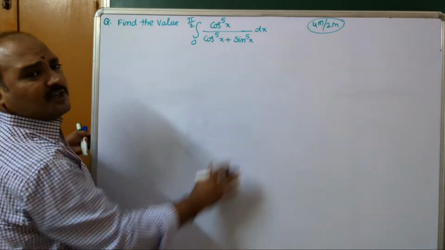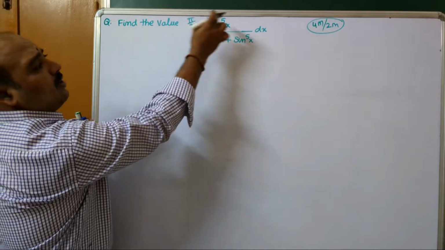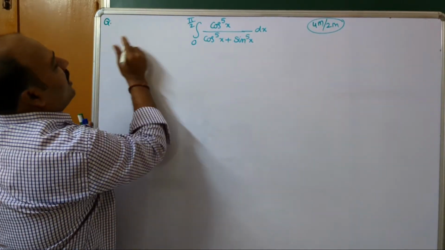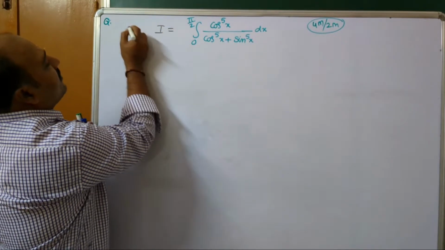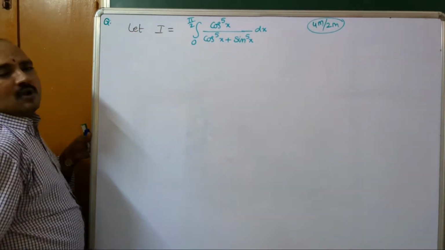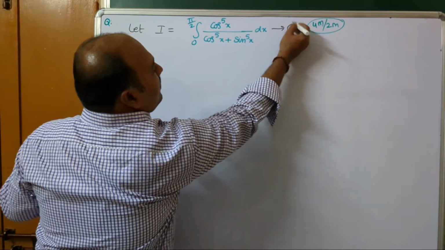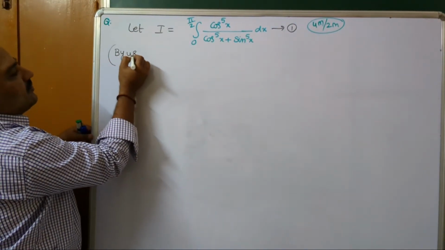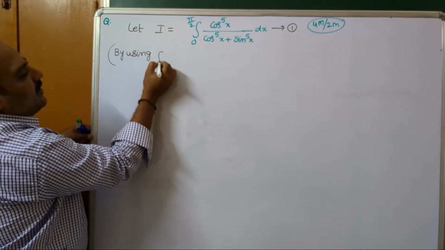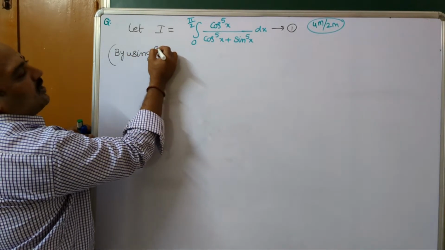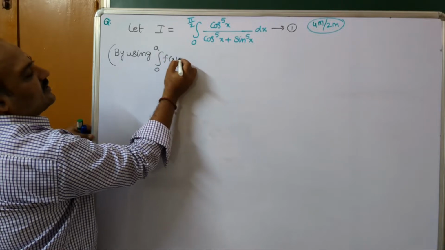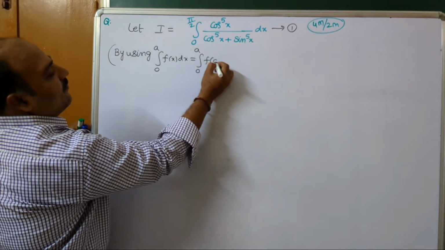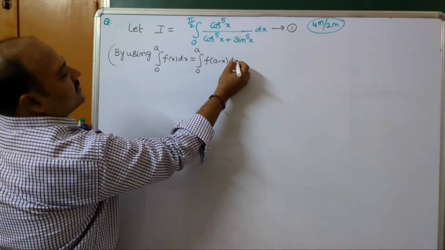Whenever a question like this is given, 0 to pi by 2 with a sin cos combination, you can take the given value as I. Let us consider. You put that as equation number 1. By using the property, integral 0 to a f of x dx equal to integral 0 to a f of a minus x dx.